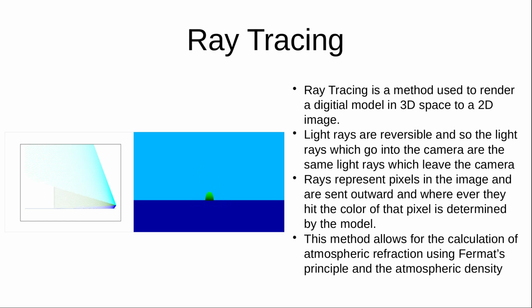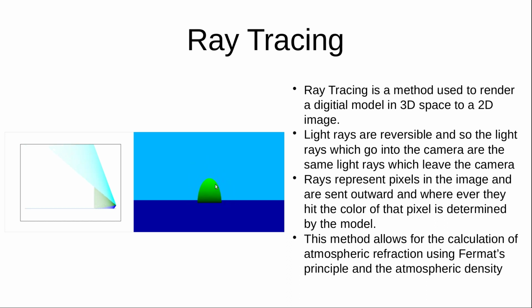This is a physical symmetry that's involved in the equations that describe light. And so instead of having to simulate all of the scattering of light off of the objects, it's much simpler to take the light and reverse it and see where the light actually goes into the scene. Because those rays which go into the camera are going to be the same rays which would be going out of the camera.